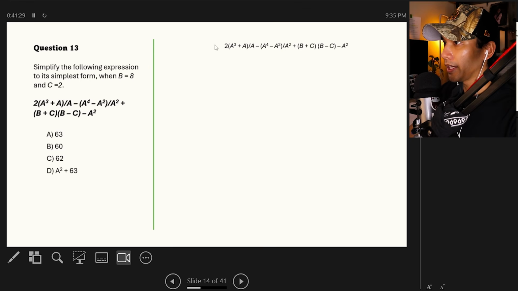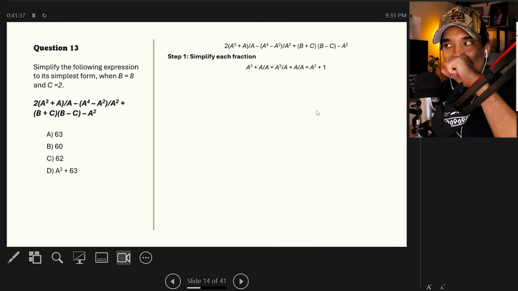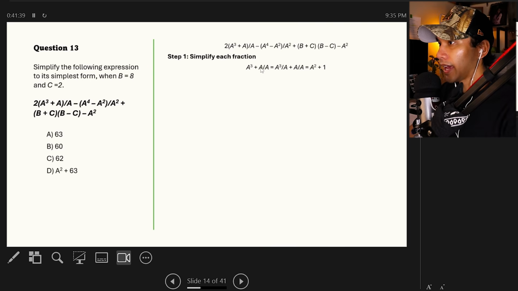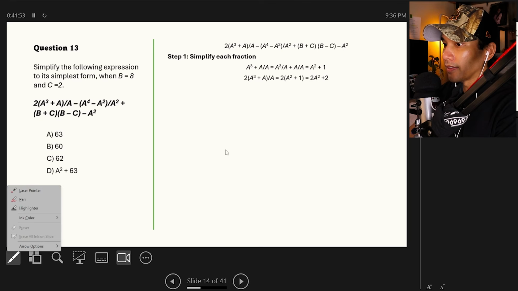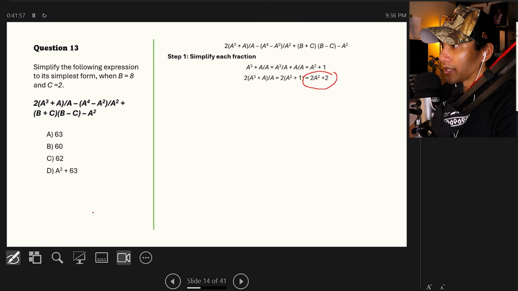So we rewrote everything and simplified the fraction, and we did exactly what it's telling us. A cubed plus a over a is just a cubed over a plus a over a, equaling a squared plus 1. Then we distribute the 2, and it becomes 2a squared plus 2. That's what we have simplified.